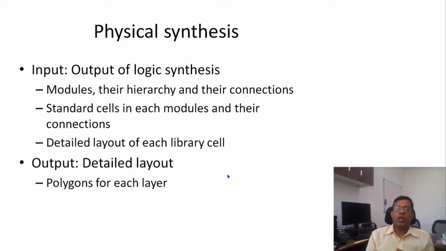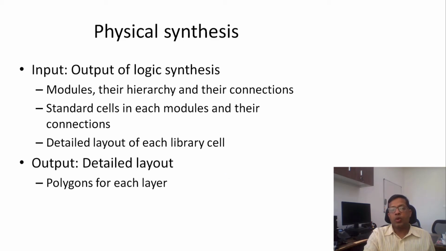Now I can take that as an input, and finally I can lay out, I can say the physical location of each and every cell and how they are connected. That's what I would call the detailed layout, so this will become the output.